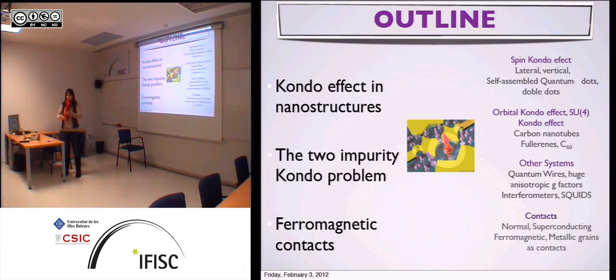And it's many-body because electrons that are in the reservoir are participating in the formation of this singlet state. This is the main ingredient to understand the Kondo effect.